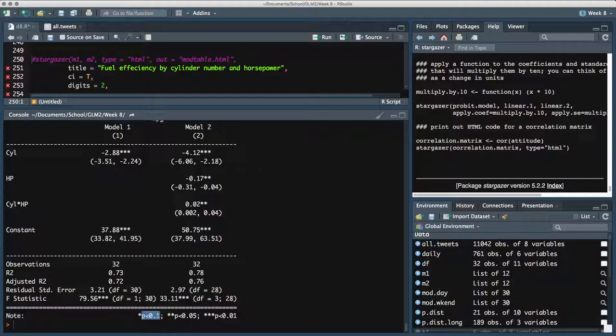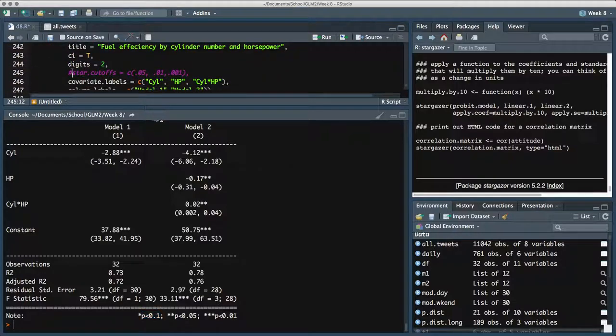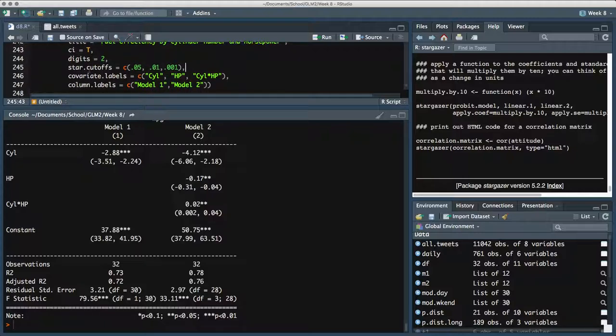I don't like 0.1 being a star. So here I changed it so that 1 star is 0.05, 2 stars is 0.01, and 3 stars is less than 0.001.